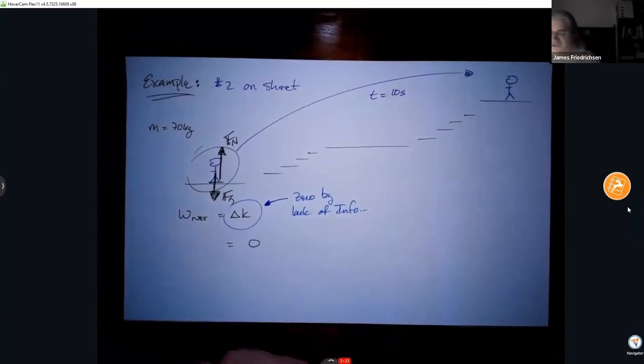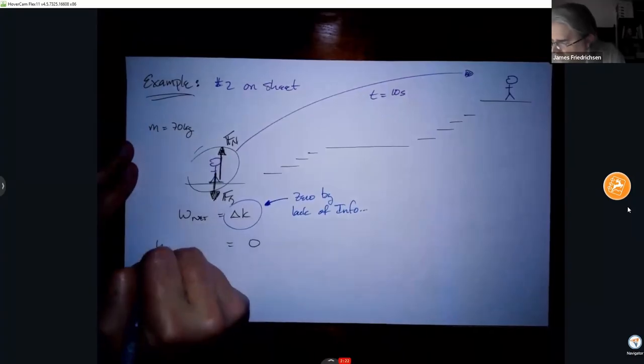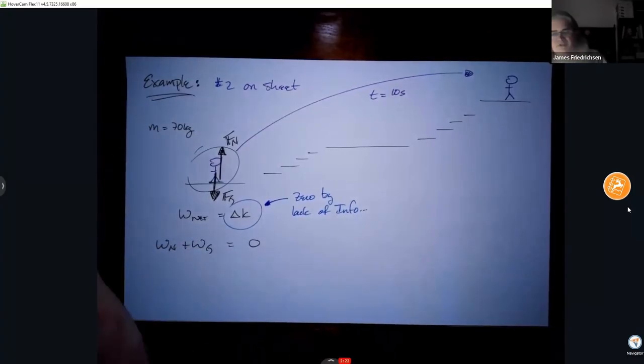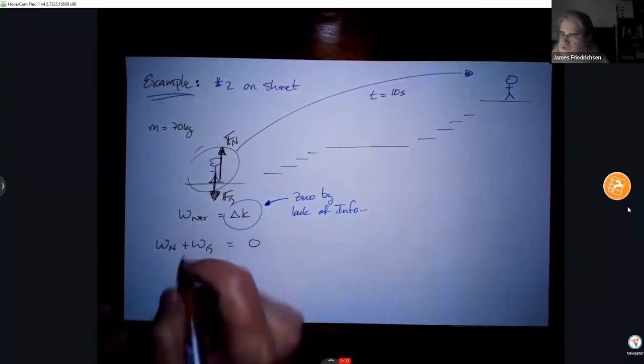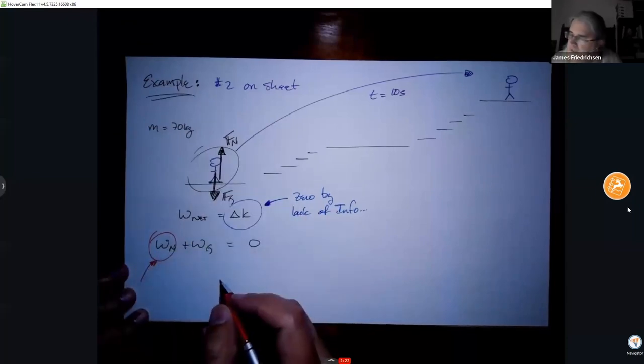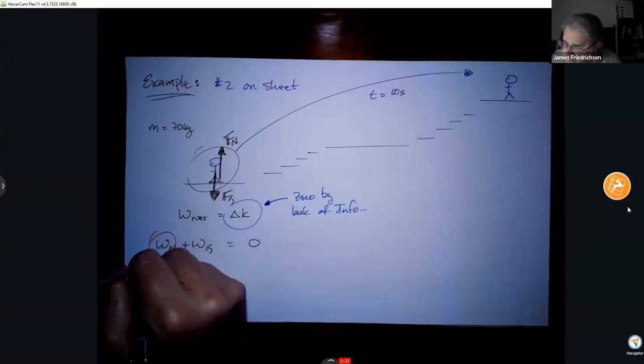And so while the forces acting on here are going to be this normal force and gravity, this normal force is related to the effort done by the student in climbing the stairs.